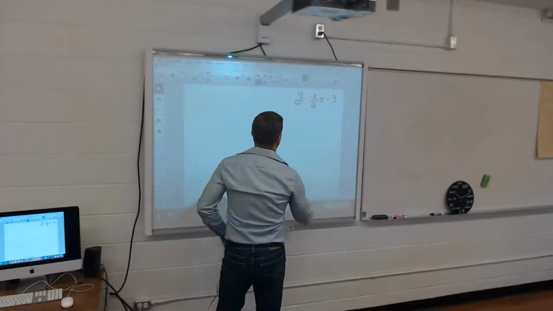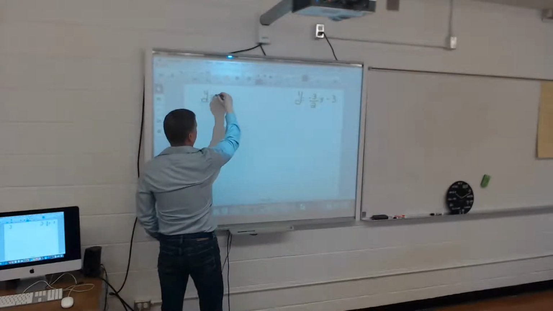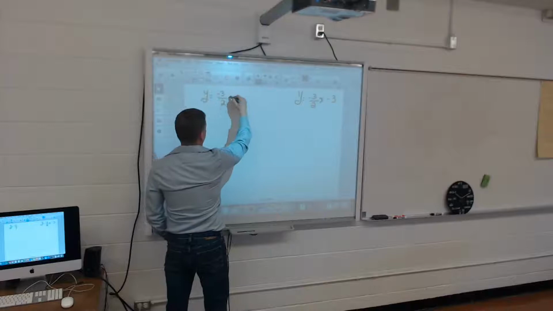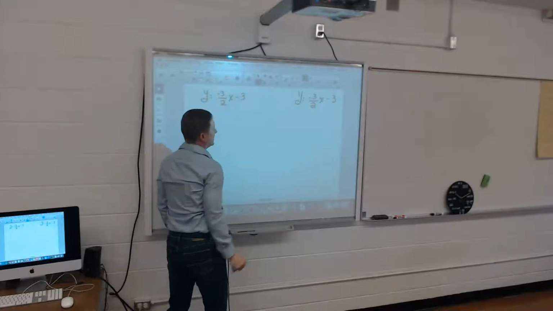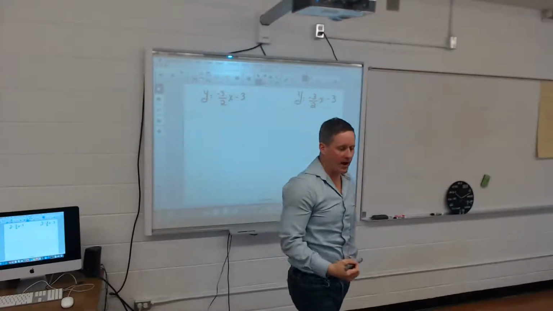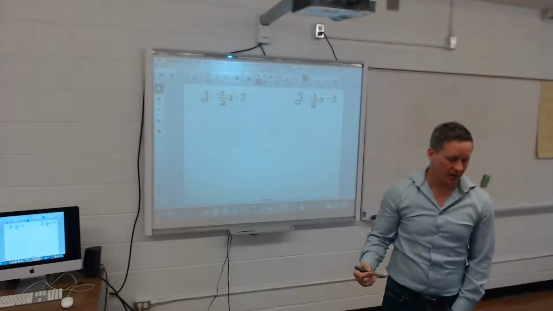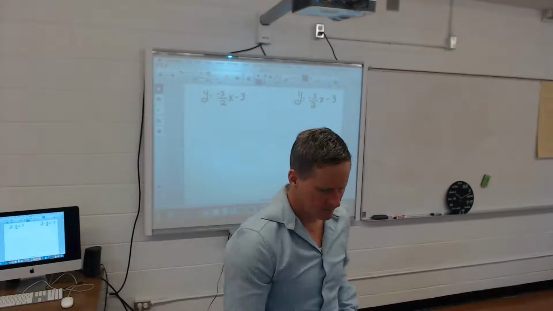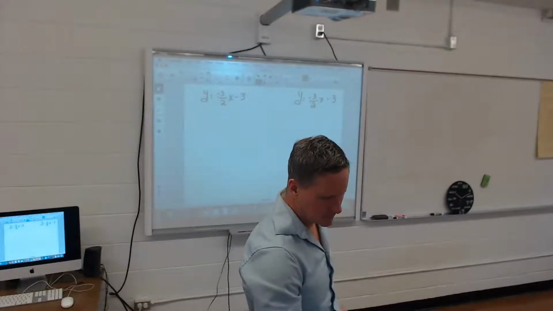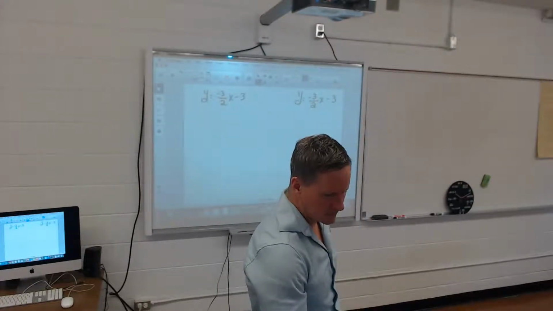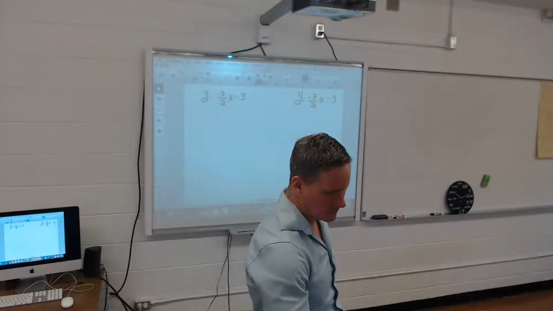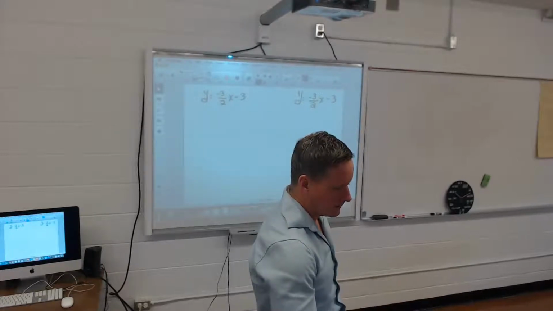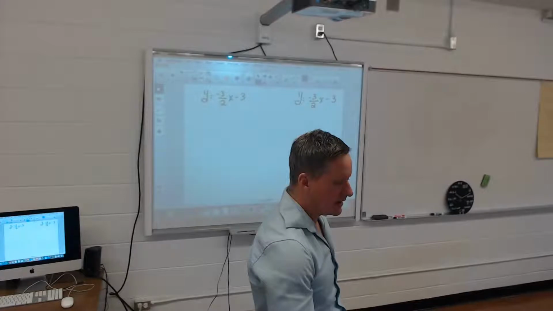So the first thing that I would do is rewrite it over here, and get rid of the denominator on my fraction. So how do I get rid of the denominator on my fraction? What do I have to do? How do you get rid of any denominator?